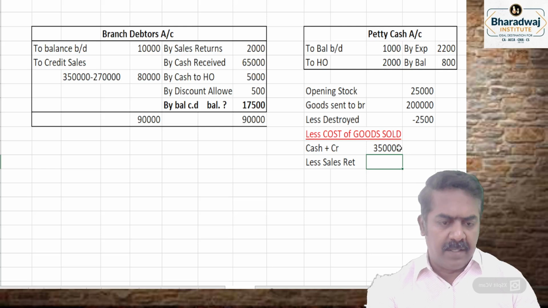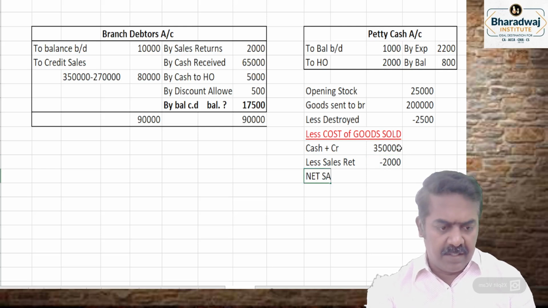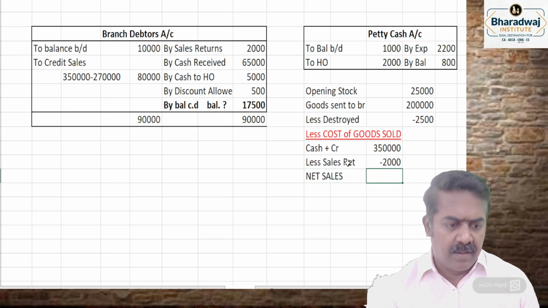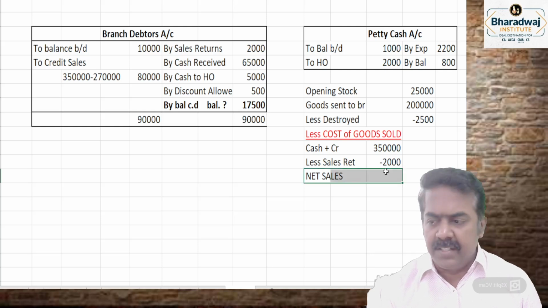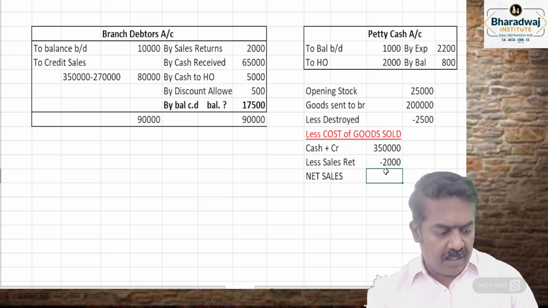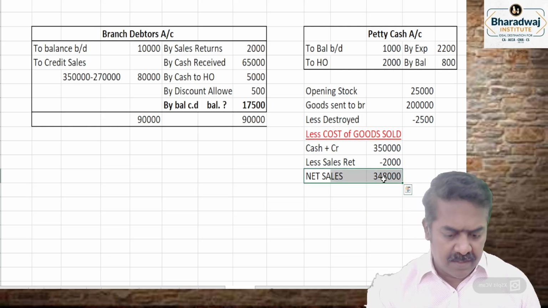How much is returned by customers? 2,000 returned by customers. Net sales. What is the net sales? 3,48,000. This is our net sales.